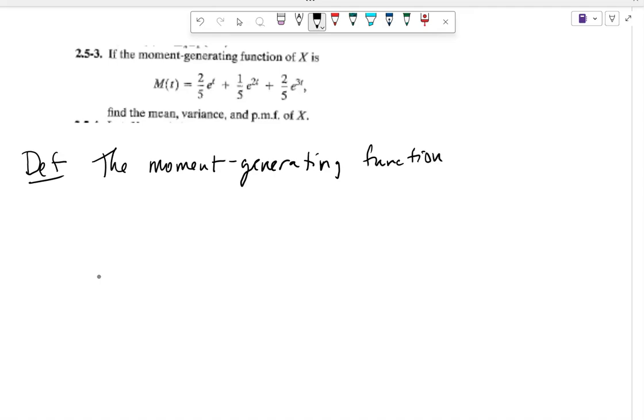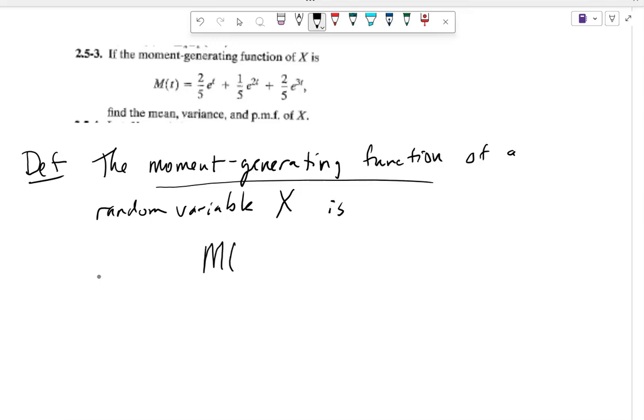And again, if you've seen differential equations, this part should look familiar. The moment-generating function of a random variable x, this is going to be a discrete random variable, but it works also for continuous random variables, is we typically use the capital letter M to denote moment-generating function. If we have more than one random variable floating around, we'll put a subscript of x there.